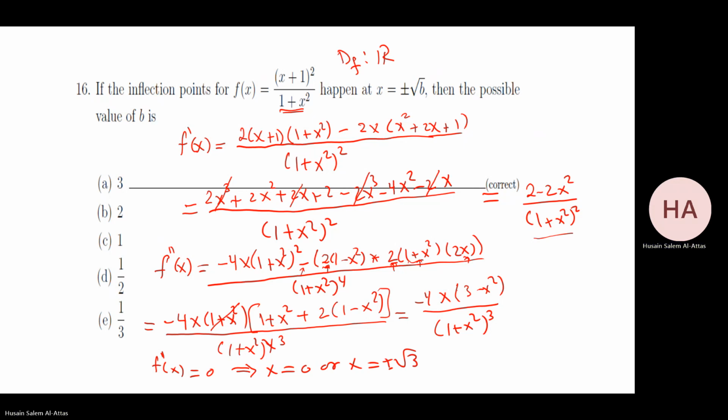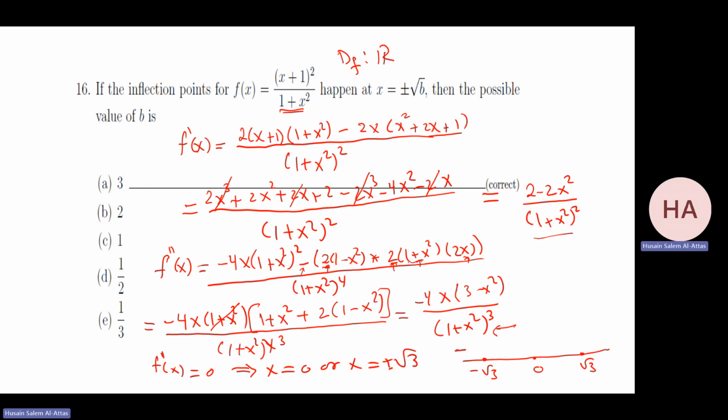Is it an inflection point? We'll check. This is minus square root of 3, this is 0, this is plus square root of 3. This is always positive. Take minus 2. It will be negative, negative, negative, then all of this is negative.